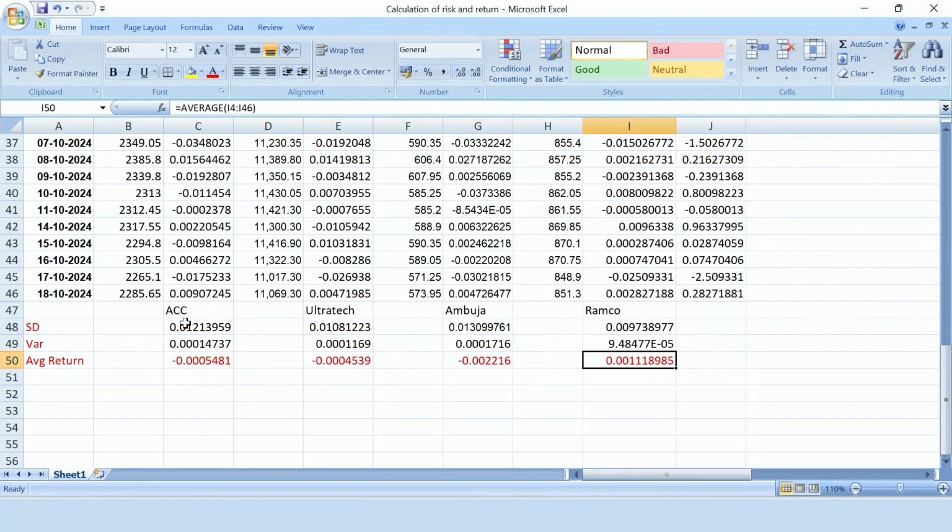Similarly, if we look into the standard deviation, all the companies except Ramco have a high standard deviation. On the basis of this comparison, we can say that Ramco is quite good compared to the other three companies. If we select on the basis of standard deviation and average return, Ramco is the best company to select among these four companies.